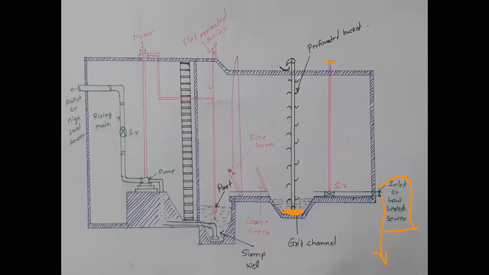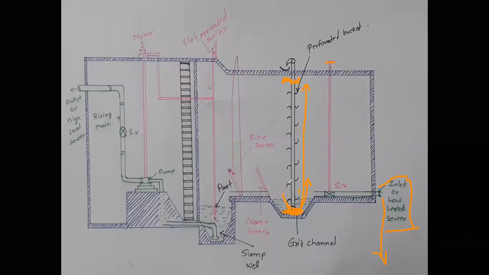You can see how the buckets are arranged: on this side the bucket direction is like this, and on the other side the bucket direction is opposite. So it is moving in this direction, and while coming to the portion here, it will take the grit and go up. This will be a continuous movement.